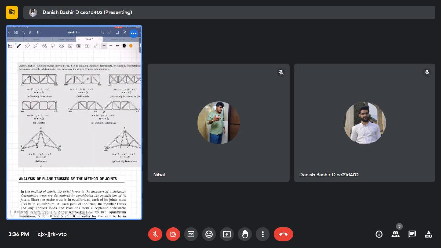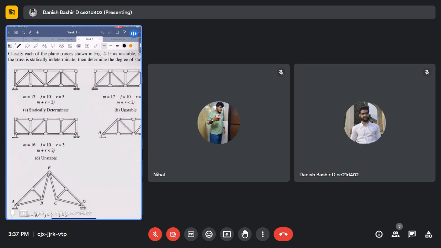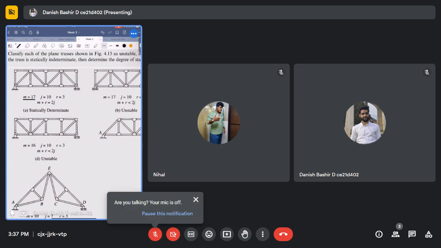Then here we see: classify each of the plane trusses shown in the figure as stable, unstable, statically determinate, or statically indeterminate truss. Okay, so in the first truss we can see that the number of members m is equal to 17, the number of joints j is equal to 10, and the reaction forces to be determined r is equal to 3, because we have one reaction at the hinge joint, two reactions there, and one vertical for the roller.